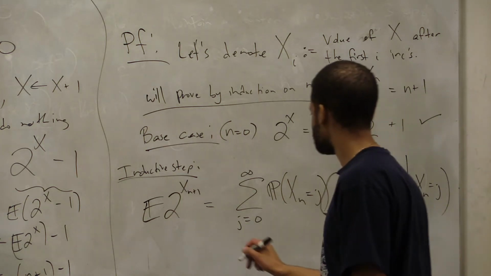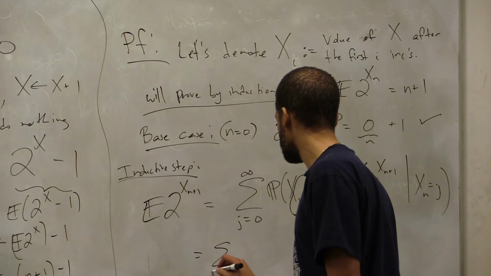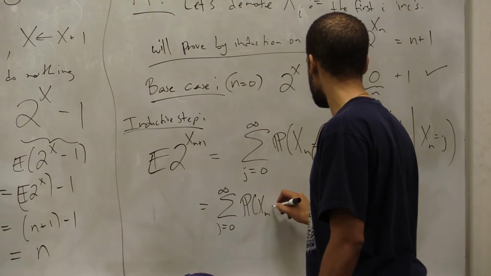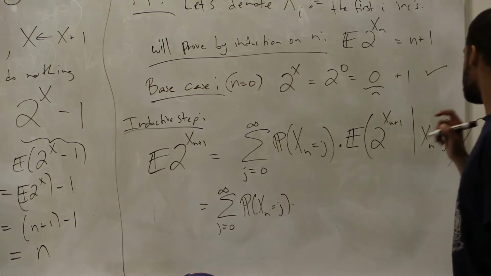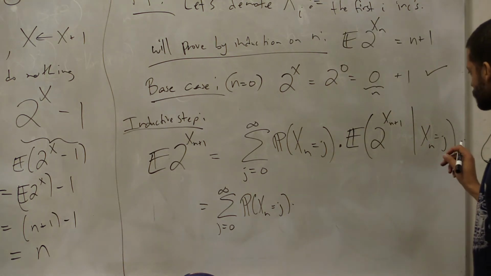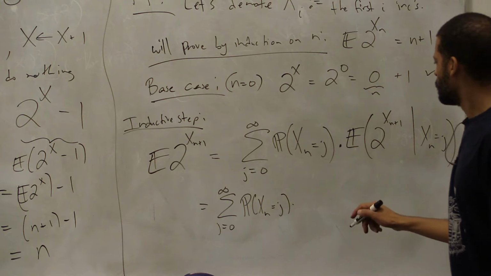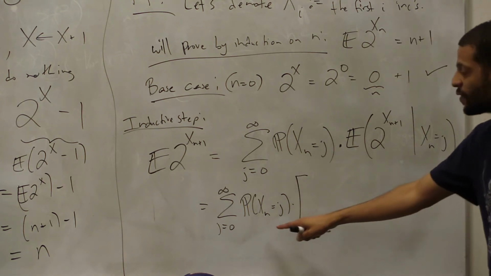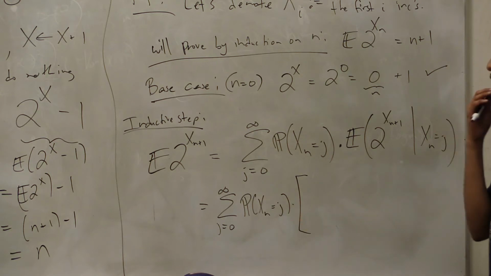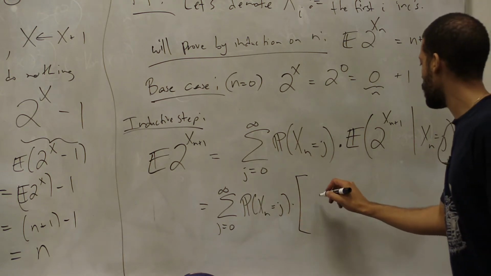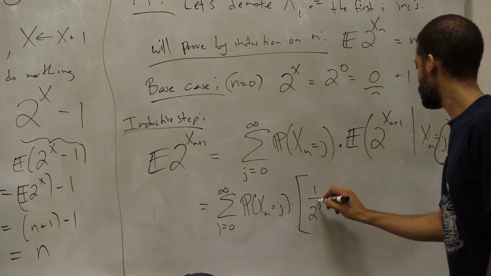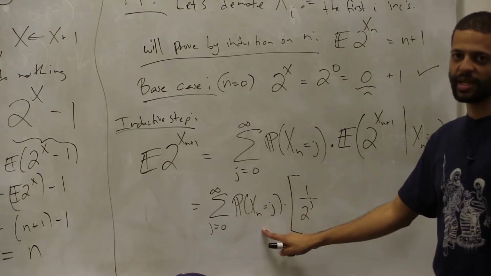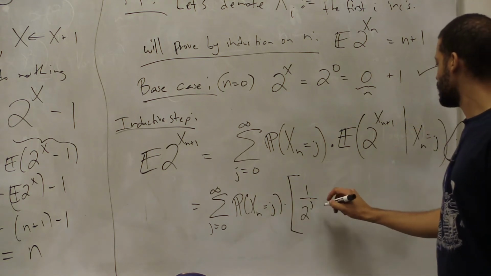What is this conditional expectation? Well, with probability 1 over 2 to the j, we increment, so now xn plus 1 is equal to j plus 1, so 2 to the j plus 1.